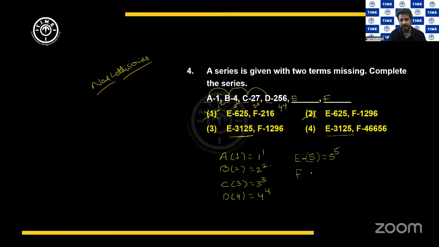Now F is 6, so I need to consider 6 power 6. The 6 power 6 value is 46656. So choice 4 is the correct answer. It is perfectly matching with choice 4. The number is the place value of the letter raised to the power of that same place value.